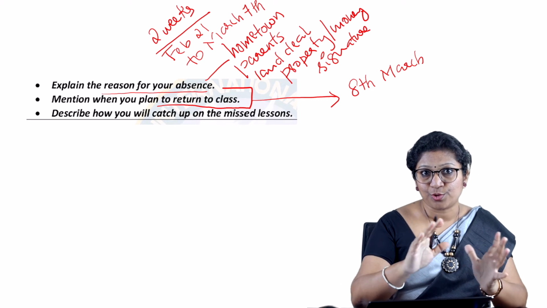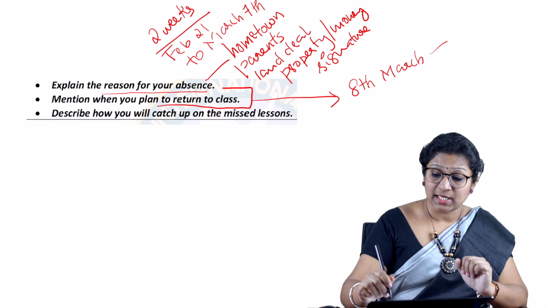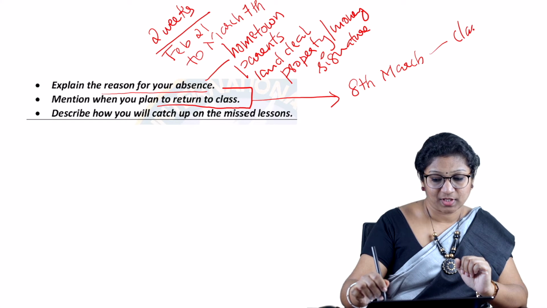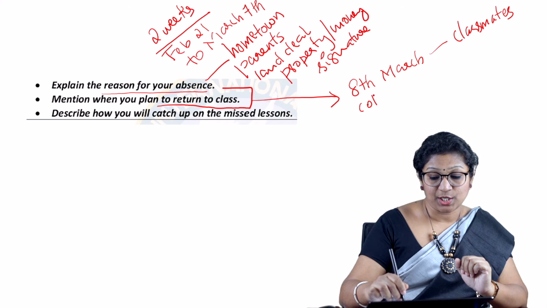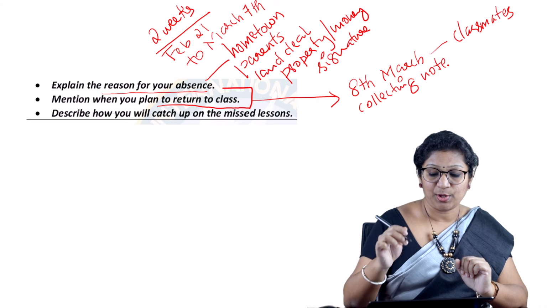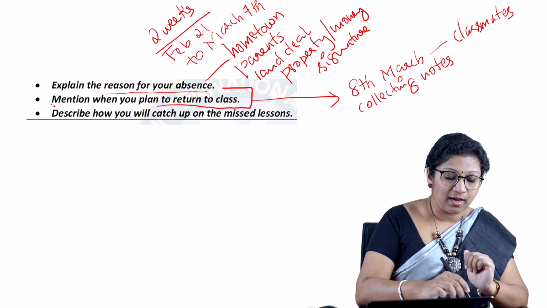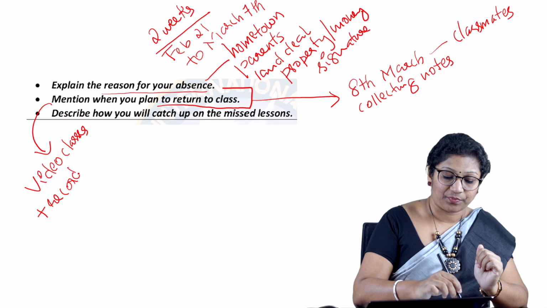What do you plan to do during your absence? Maybe you can talk about getting in touch with your classmates, okay. You can talk about collecting notes. Maybe you can add points like video classes or recordings, plus collect the recordings of the classes, okay.